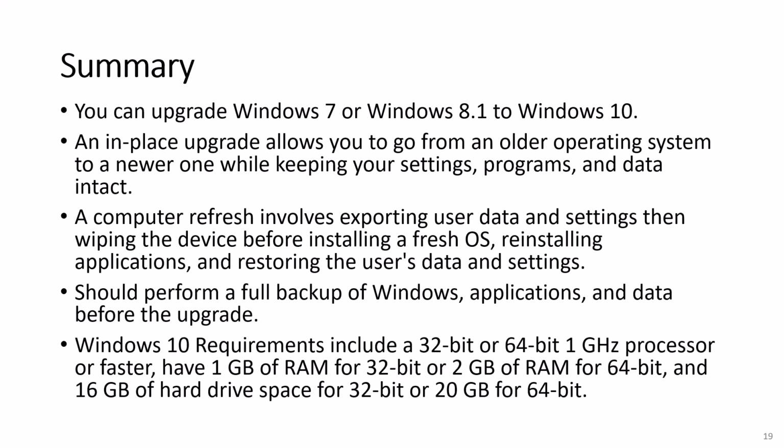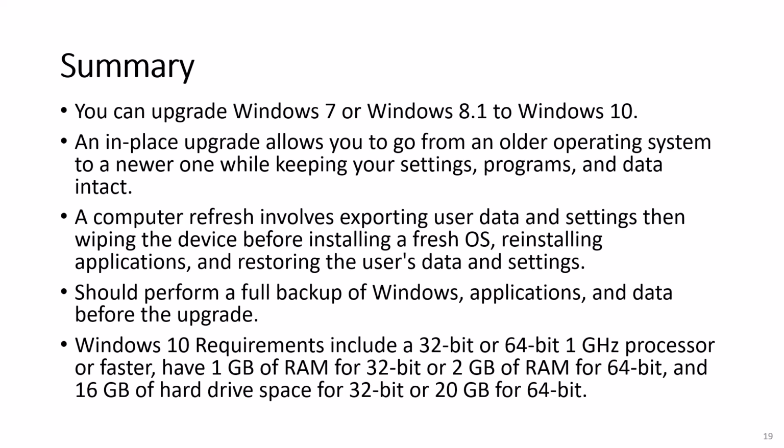In summary, you can upgrade Windows 7 or Windows 8.1 to Windows 10. An in-place upgrade allows you to go from an older operating system to a newer one while keeping your settings, programs, and data intact. A computer refresh involves exporting user data and settings, then wiping the device before installing a fresh OS, reinstalling applications, and restoring the user's data and settings.